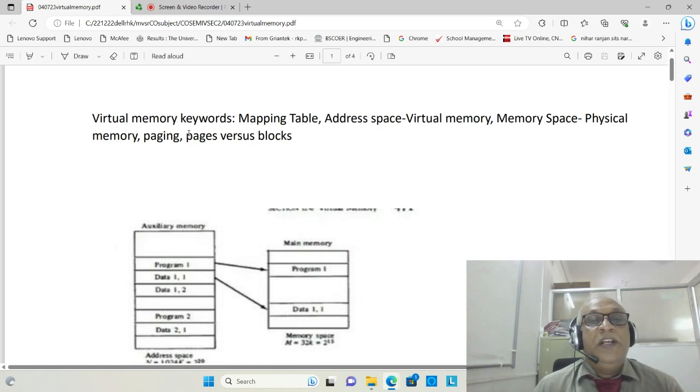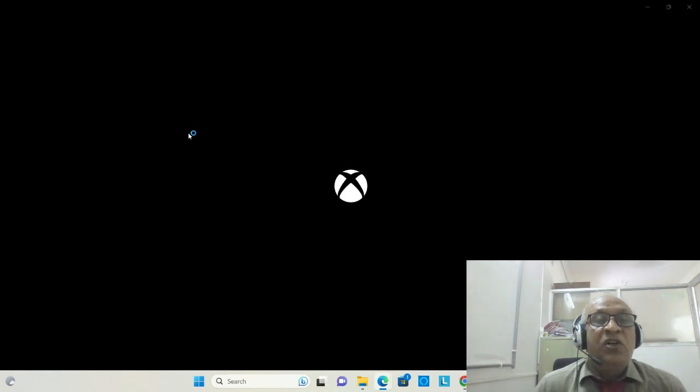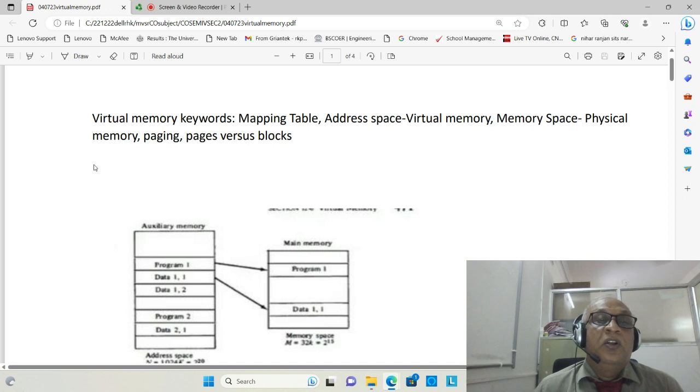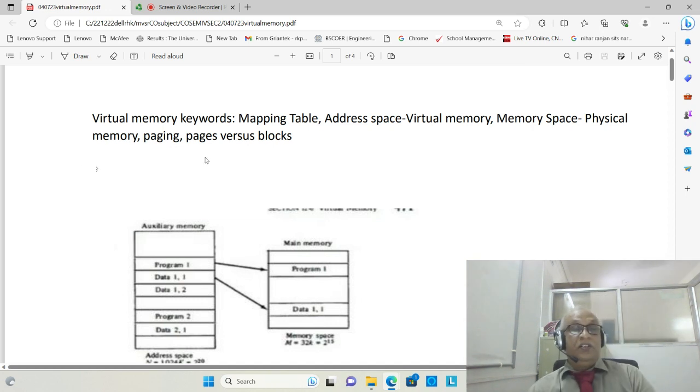Virtual memory is used for converting the logical addresses to physical addresses. The mapping table is a data structure which is used to do this translation from virtual logical addresses to physical addresses.